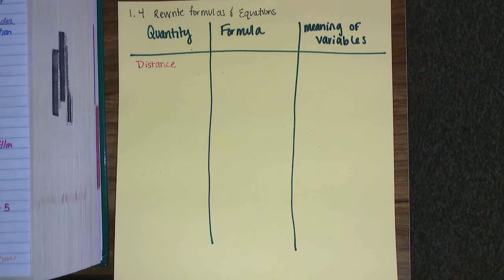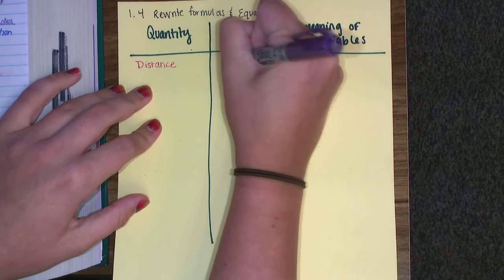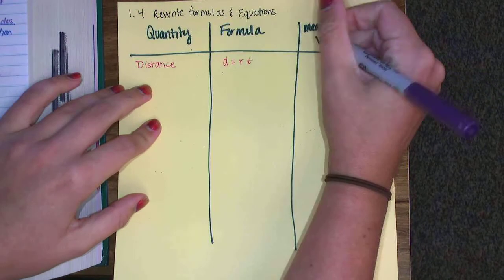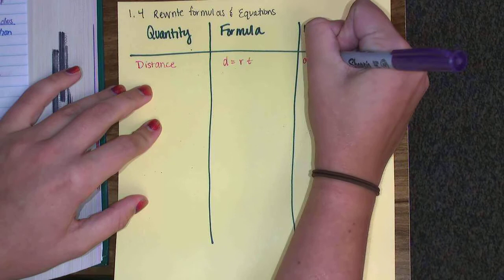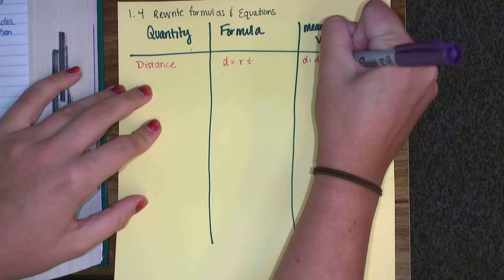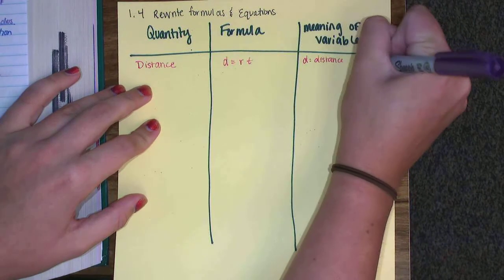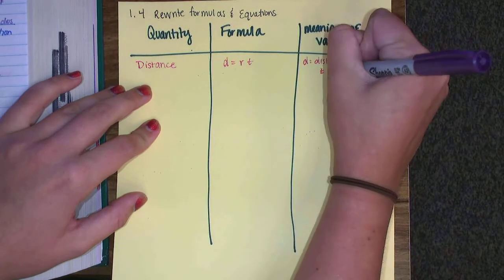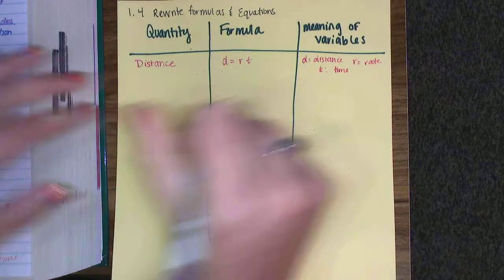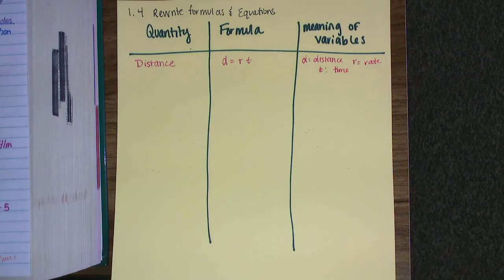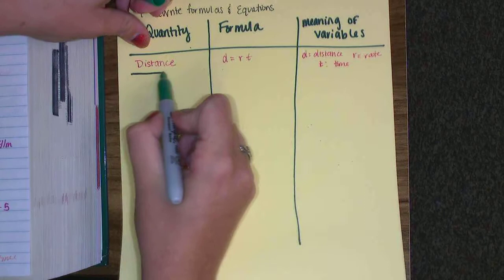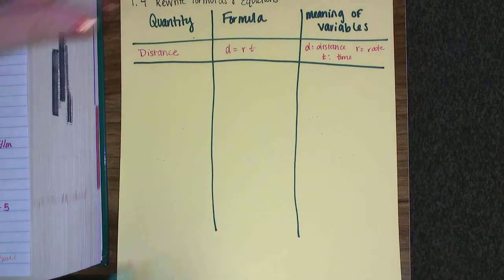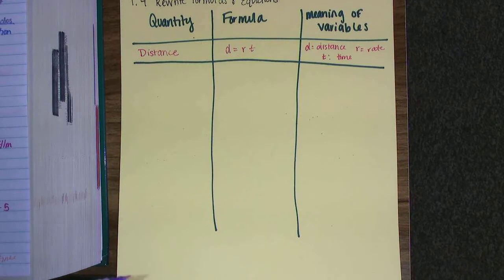Okay, and for this one, the formula is D equals RT, where D is distance, R is a rate, like miles per hour, and T is time. I'm going to try to draw boxes between them just to make it easier to understand and to see.